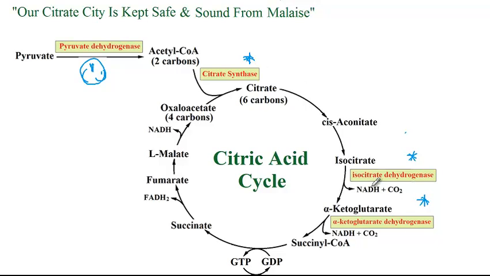So these 3 enzymes control the rate of the citric acid cycle, and also pyruvate dehydrogenase is another determinant of the rate, because the citric acid cycle is dependent on the production of acetyl coenzyme A.